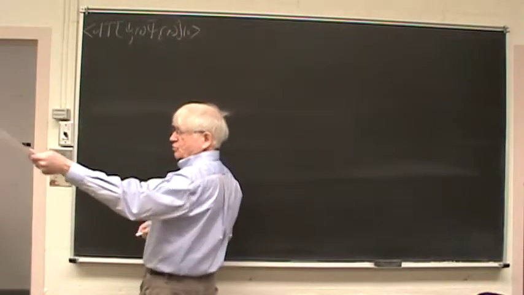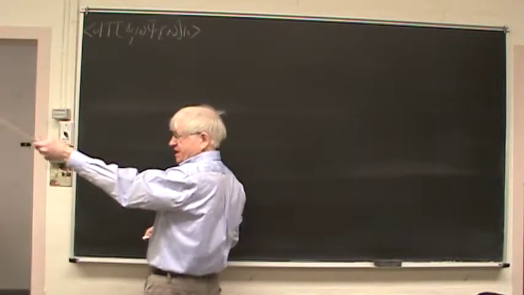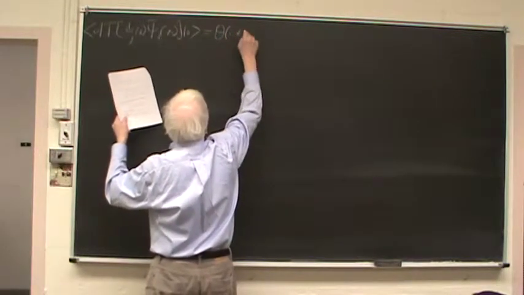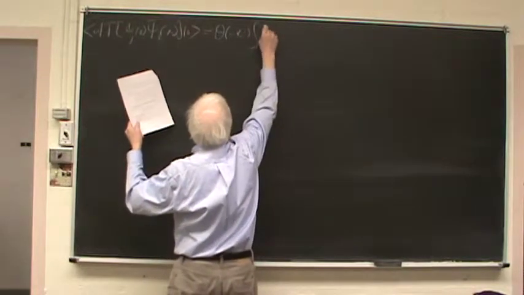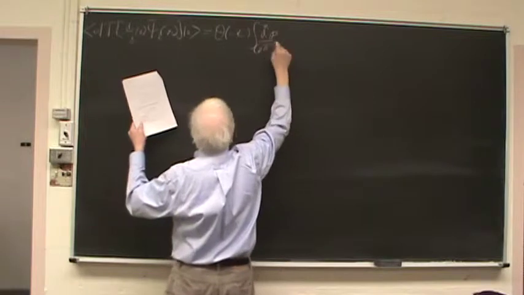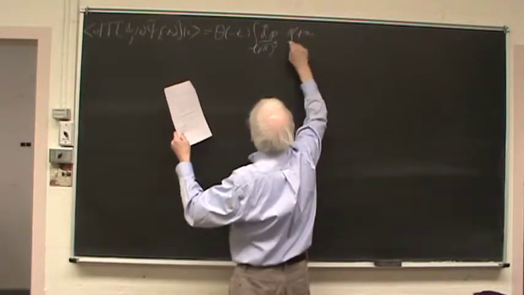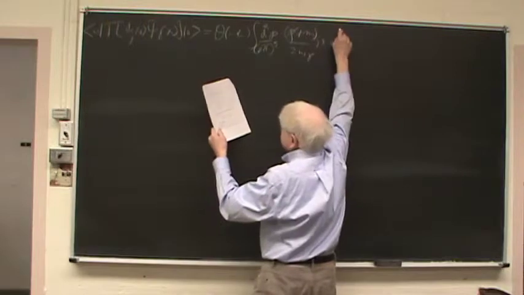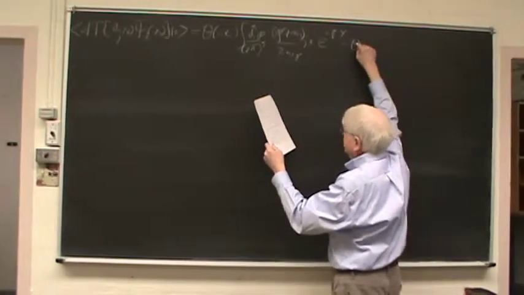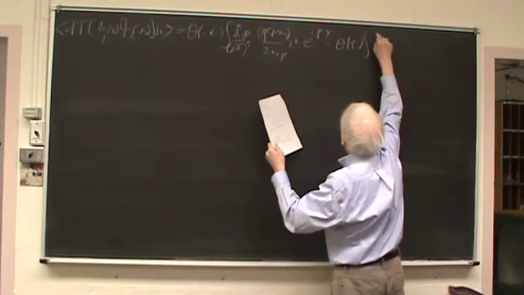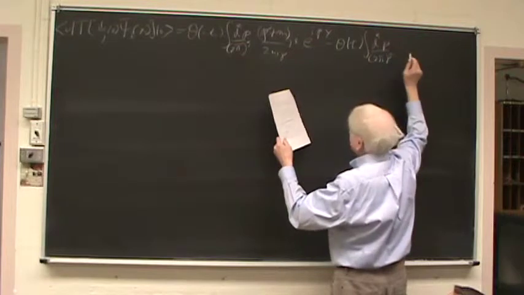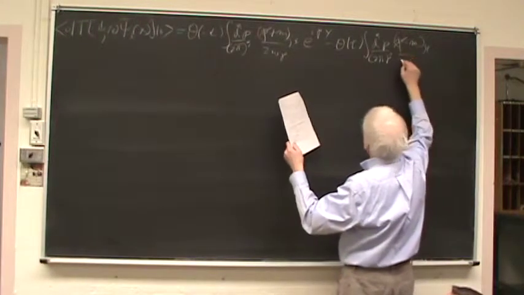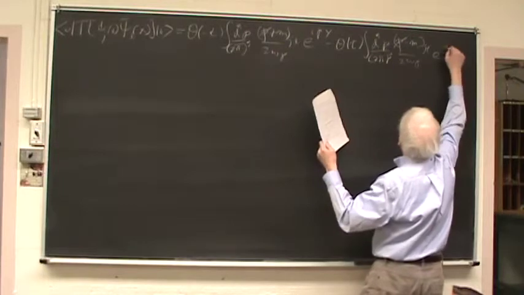Obviously the next thing is the second line on board 2, and what this gives us then is theta of minus t integral d cubed p over 2 pi cubed, p slash plus m over 2 omega p, jl e to the I px, minus theta of t integral d cubed p over 2 pi cubed, p slash minus m, again jl, divided by 2 omega p e to the minus I px.